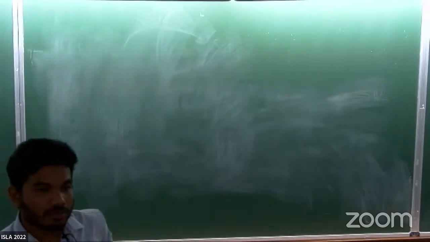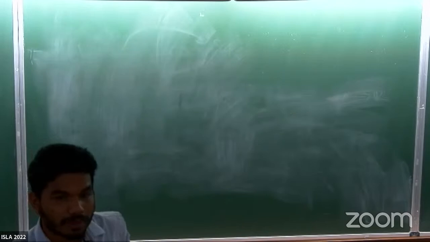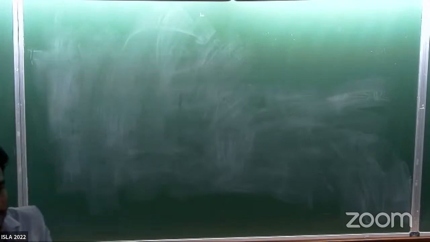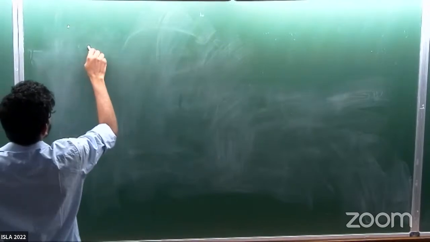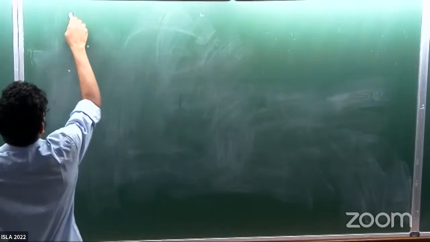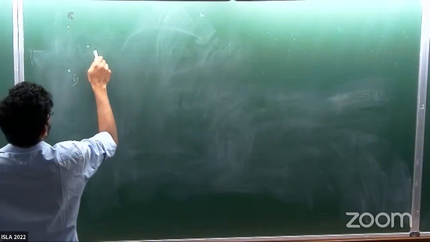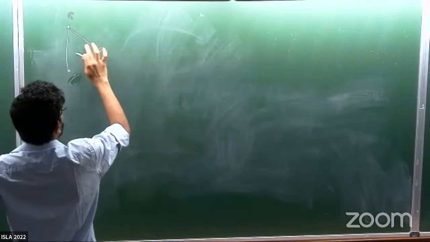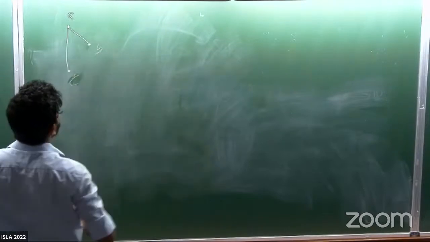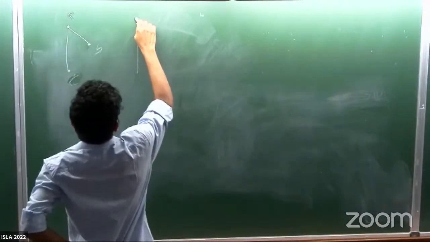Order preserving bijection and order isomorphism. What was the answer? Can someone tell me? Yes. And what about the rest? No. Okay, I'll give you an example. Think of this situation. Let's say A, B here, C here. This point. And then this 3.